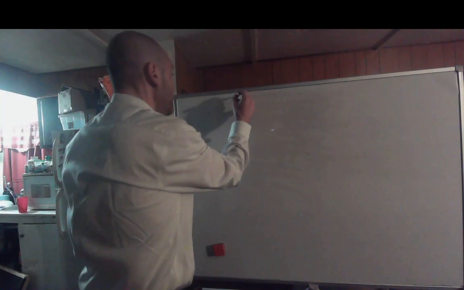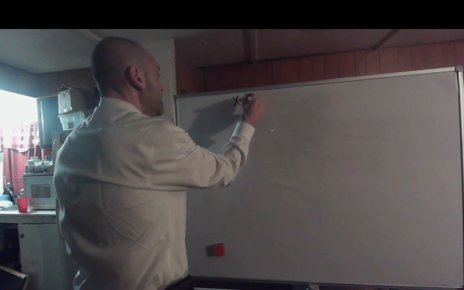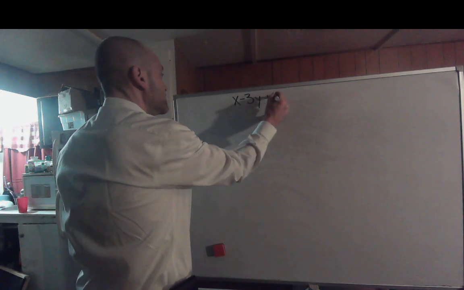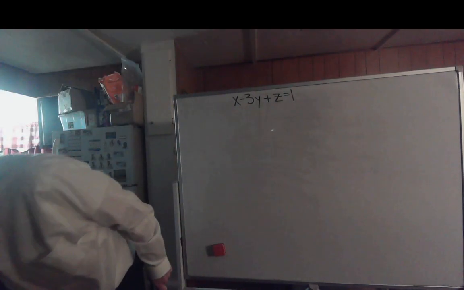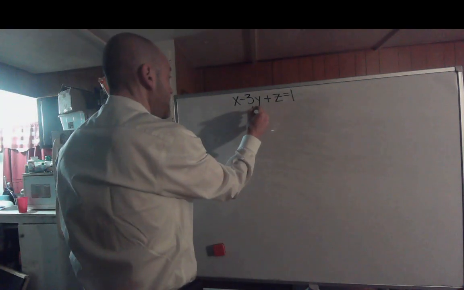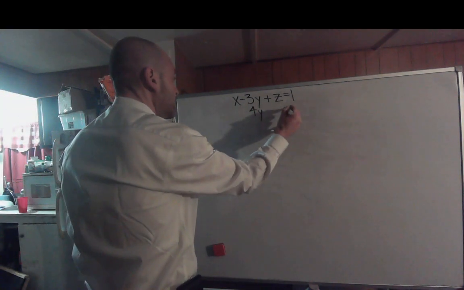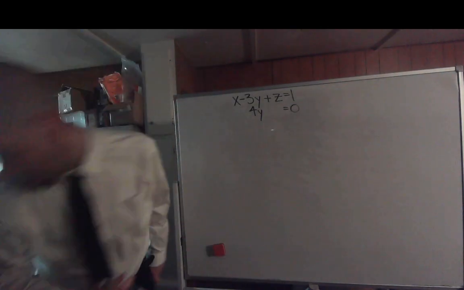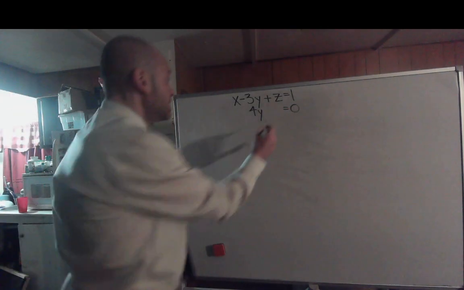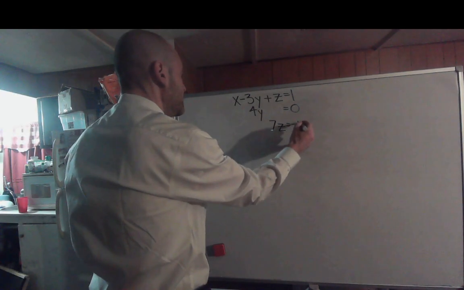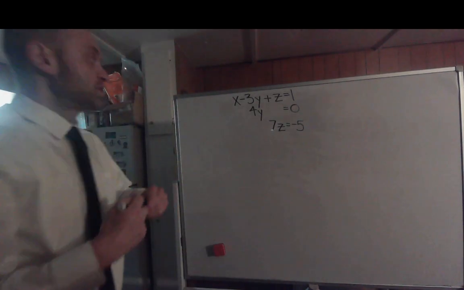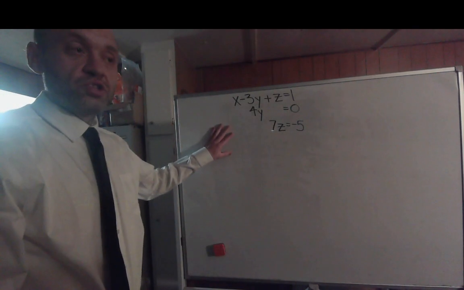So you have x minus 3y plus z equals 1. You have 4y equals 0. Then you have 7z equals negative 5. Alright, so how are we going to represent this matrix?